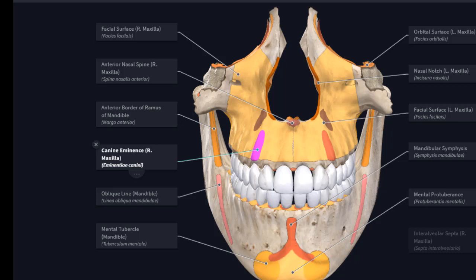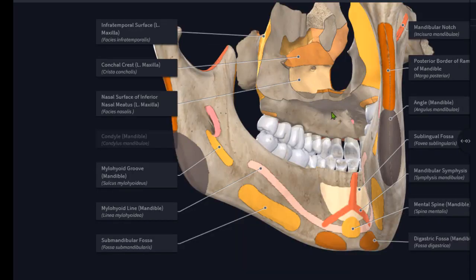Then we will see the structures of the maxilla. This is the internal structure of the maxilla, where we are seeing the maxilla from the back side. You can see here the infratemporal surface.